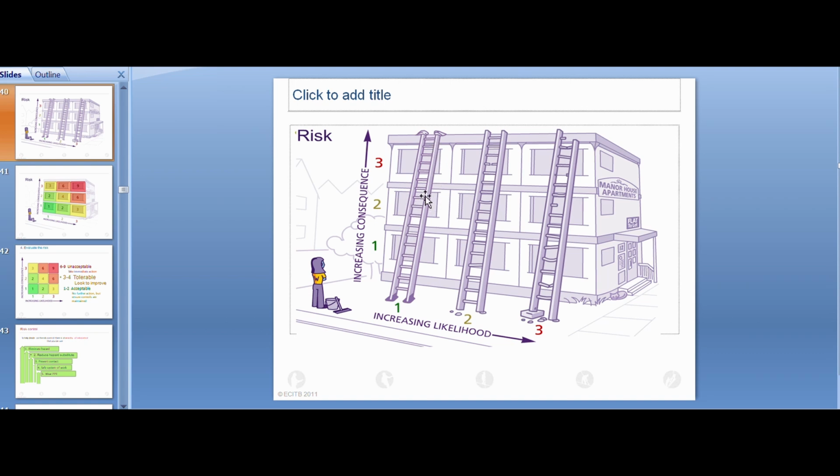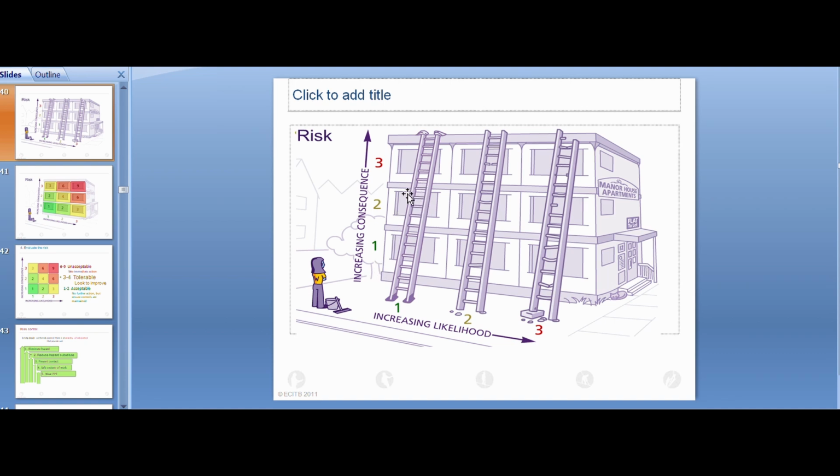If I talk about the first ladder, the overall condition is very good. The upper lock is there, the foot lock is there, and all steps are there. So the chances are less, and if the worker is working at this height, which is low, the consequences will also be less. So the chances were less due to the ladder condition and the height was low, so my risk will be low.